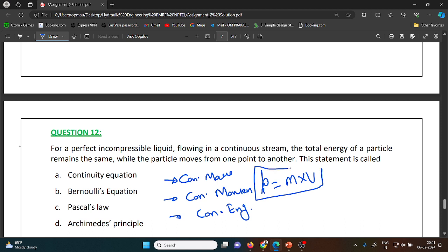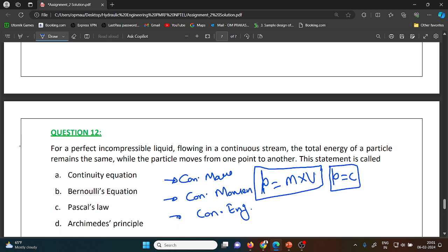So in case of fluid flow, when is conservation of momentum possible? When p will be constant. Only when p is constant will your momentum be conserved. But how will p be constant?